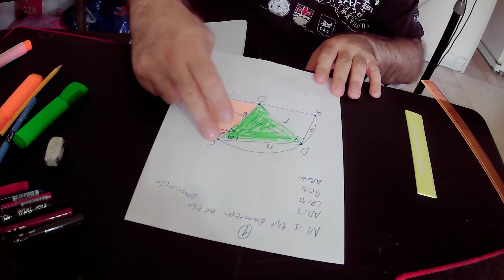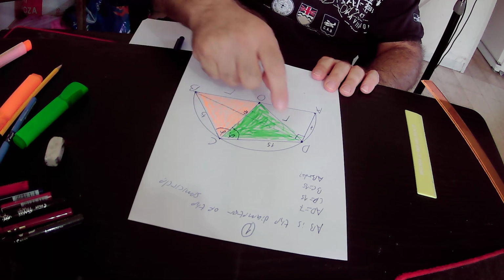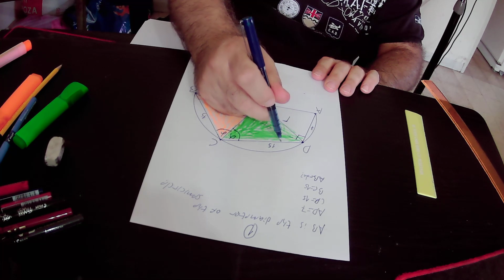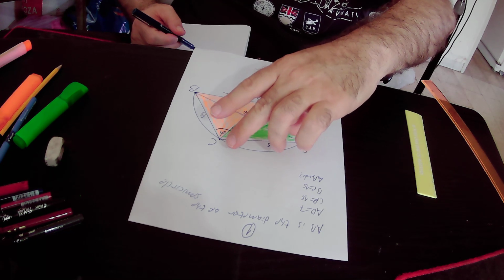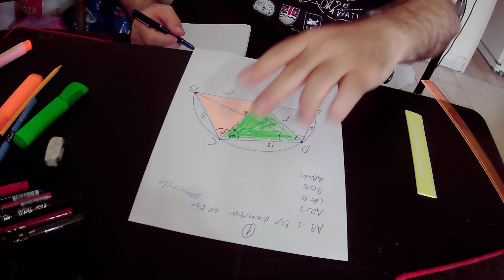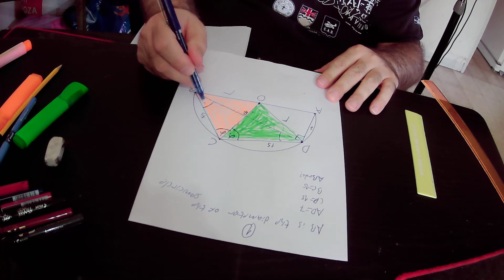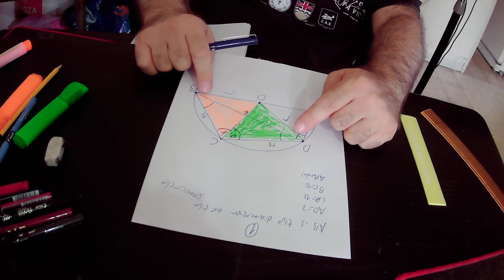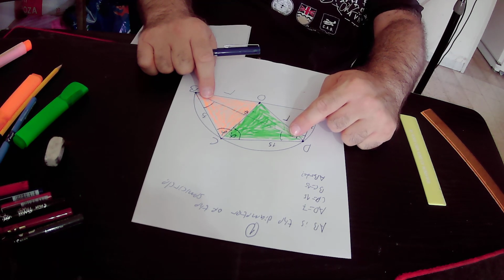In front of this side in triangle DBC we have this angle, and in front of this side we have this angle. Those two angles are located in front of equal sides. Therefore, according to rule number 2, they are also equal to each other.